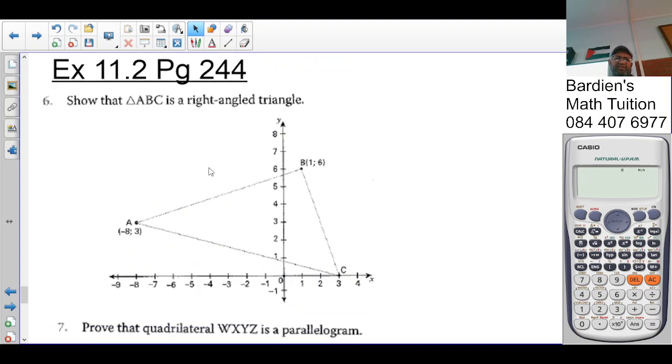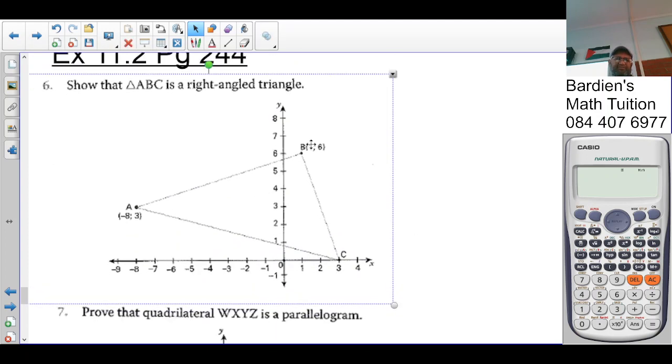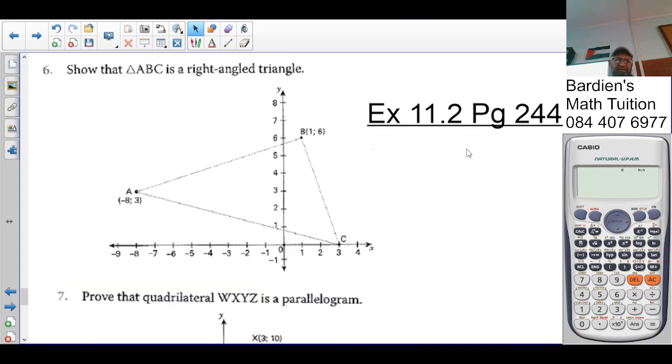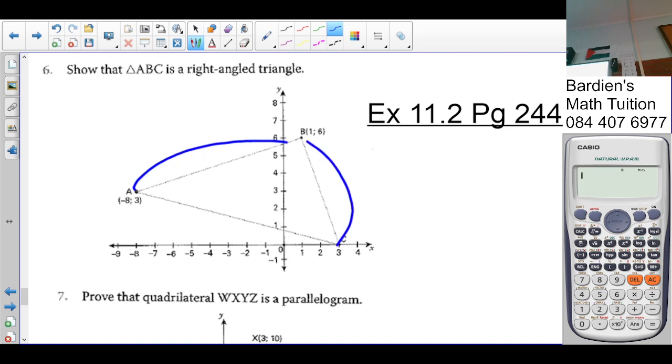So in question 6, the question is: show that triangle ABC is a right angle triangle. So when you're going to answer number 6, since we are busy with distance, you're going to work out the length of AB, the length of BC, and the length of AC.